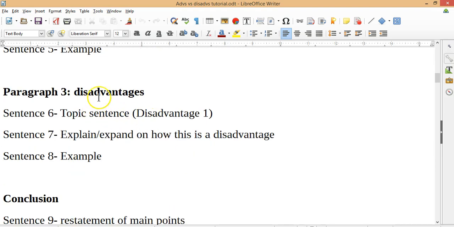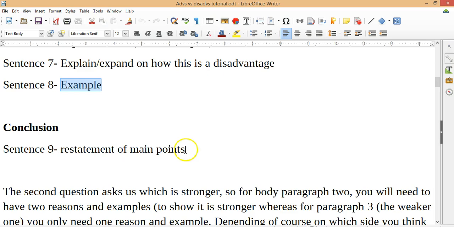Paragraph 3, for disadvantages, exactly the same. The disadvantage is, because, as an example, and so on. Sentence 9, in conclusion, the advantages, the disadvantages. So that's quite straightforward.